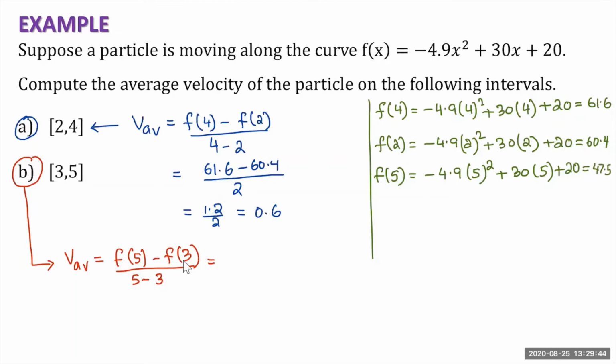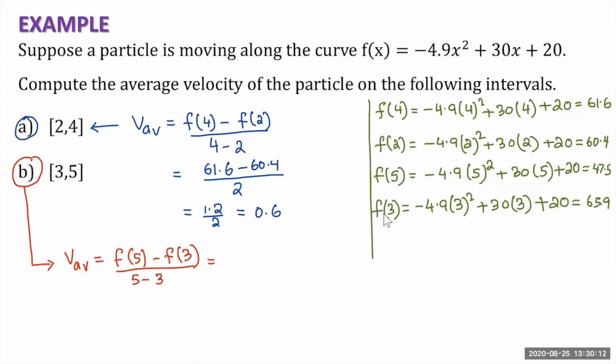Similarly, I need to find f of 3. F of 3 is equal to negative 4.9 times 3 squared plus 30 times 3 plus 20. If we simplify this using a calculator, we should get 65.9.